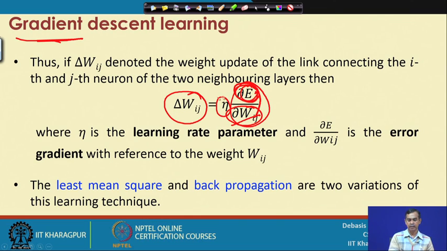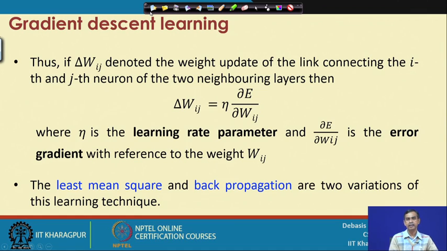Here eta is a constant called the learning parameter, and del E by del Wij is called the error gradient. So, it will see if we change this weight, then what will be its error, and then accordingly for the minimum error it will decide the weight changes, and that will be the learning parameters actually. So, this is the idea about it.